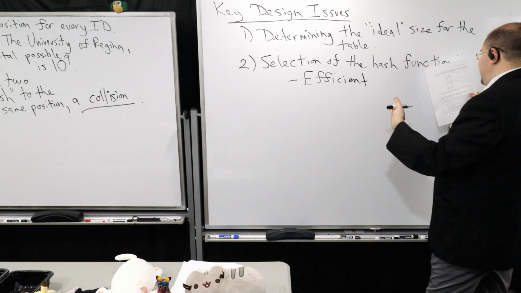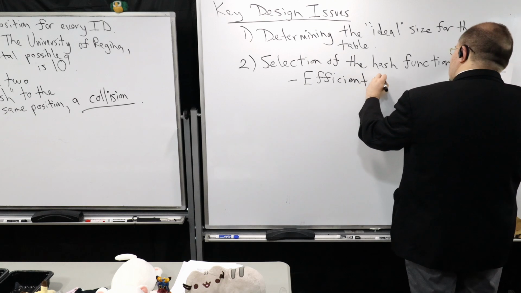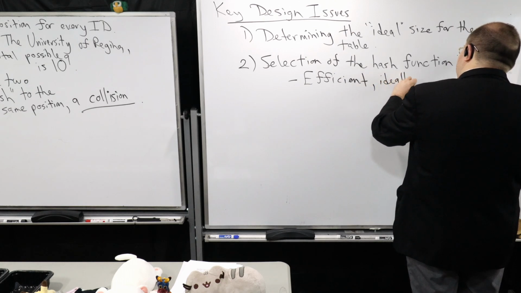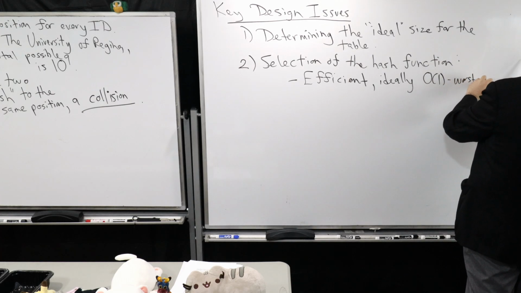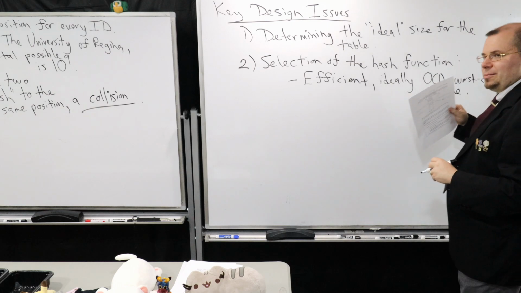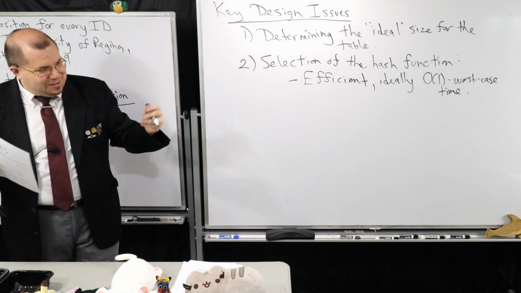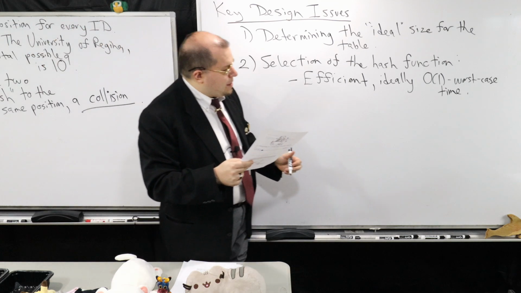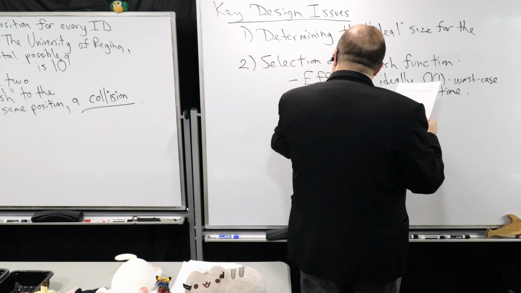We would like it to be efficient. Ideally, a big O of 1, worst case time. I would like it to take constant time. That's the one thing. We want it to be very fast to compute. I want to know where that location is in the table very quickly. It causes few collisions.